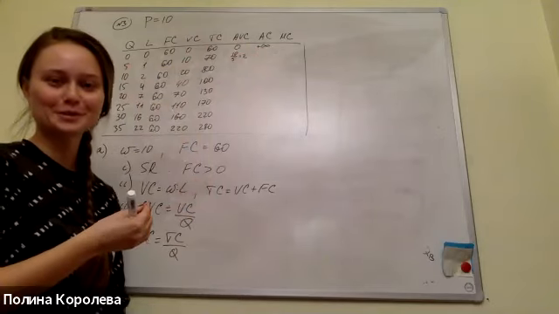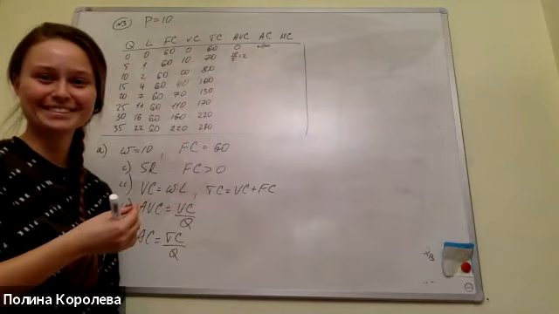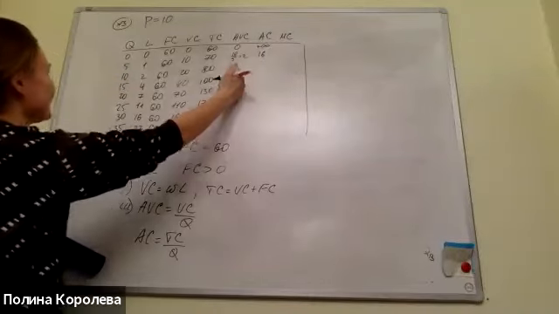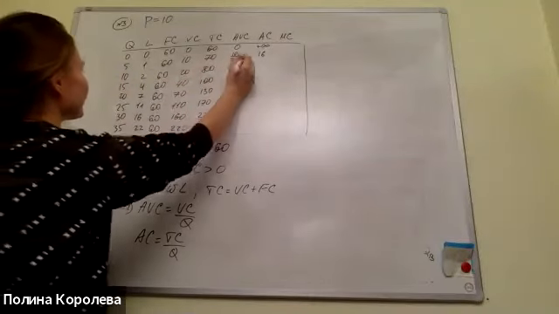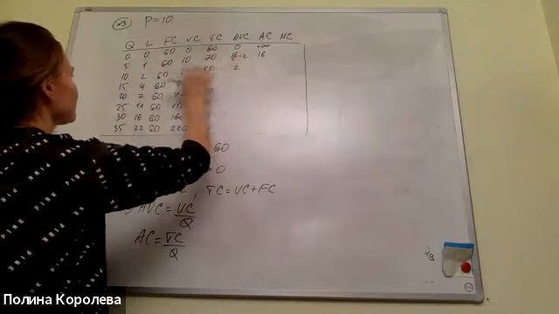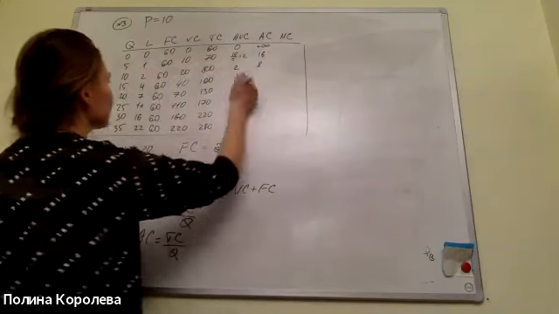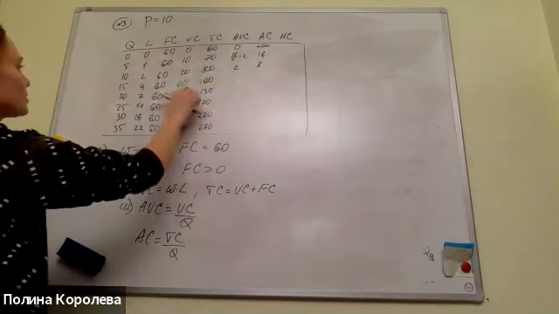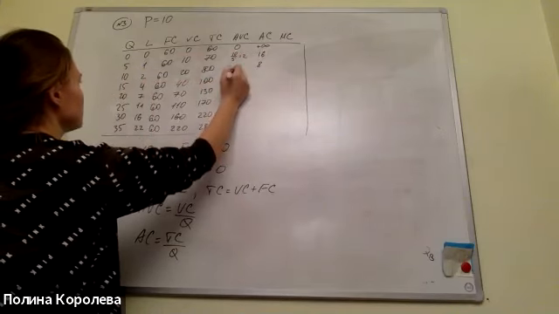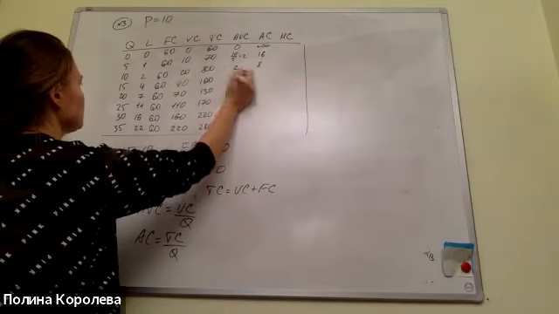Okay, who wants to help me? Maxim? 14, 71. 14, yes. Then here 20 over 10 it's 2, yes, and 80 over 10, 8, yes. Then 40 over 15, it's 8 over 3, yes.